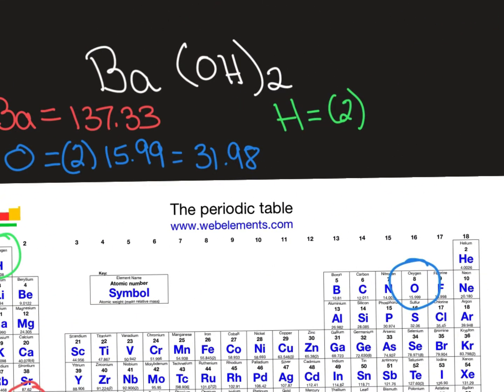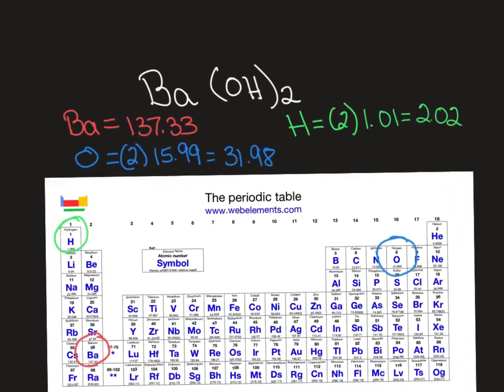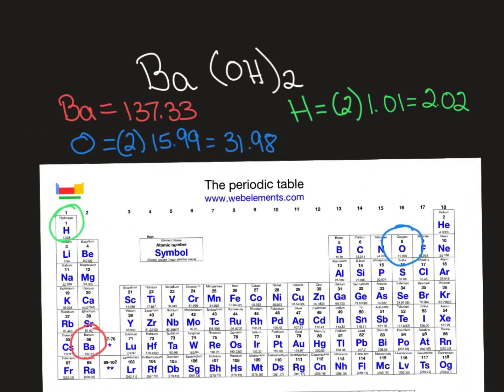So I'm going to use 1.01 for hydrogen. So you put that in your calculator if you need to. 1.01 times 2 equals 2.02. All right, so at this point, I have all the masses of the individual atoms, and I've multiplied it by the number of atoms present in the molecule.